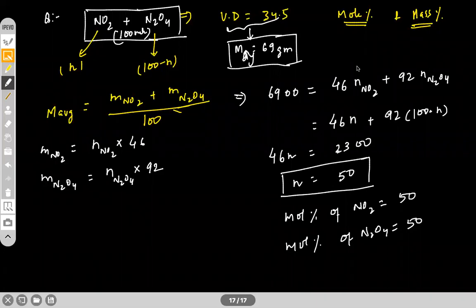Rehan has got the mass percentage also, that's right. So this is the first part of this question, the mole percent. That is 50% here.